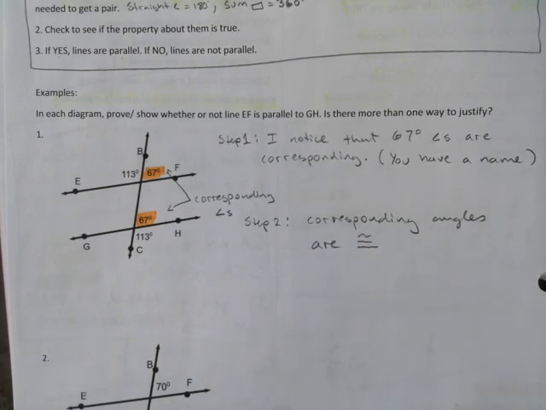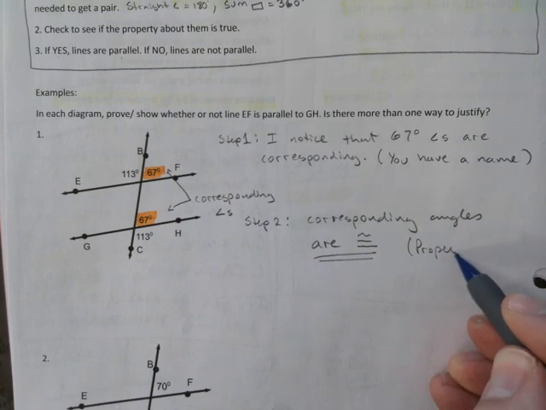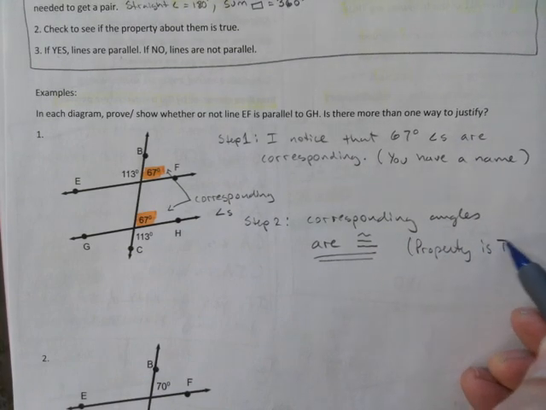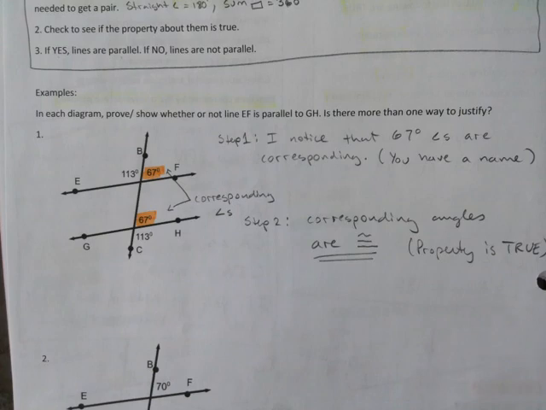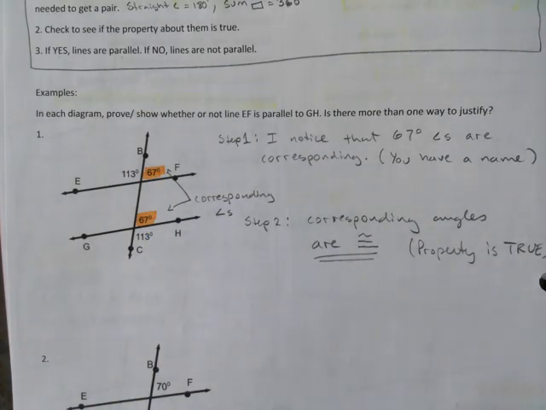We can tell for a fact now that corresponding angles, I have a name for them, because they're not always congruent, but this is true. So the property is true in this case, because it could have been 67 and 66, and then the property is not true.